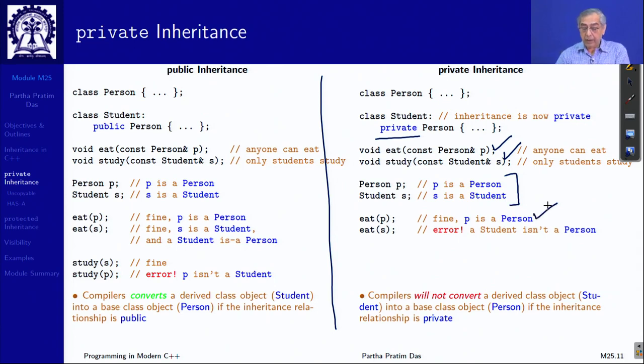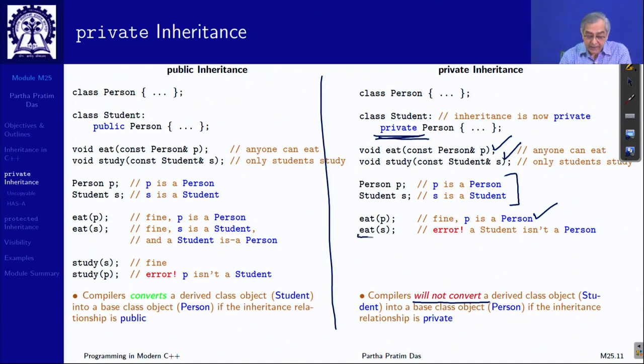Now, a person P can eat, so this is fine. But since this inheritance is private, the compiler does not convert a specialized object to a generalized object.